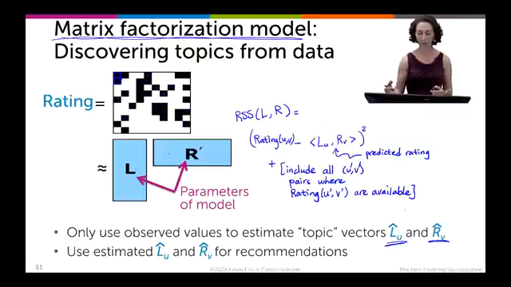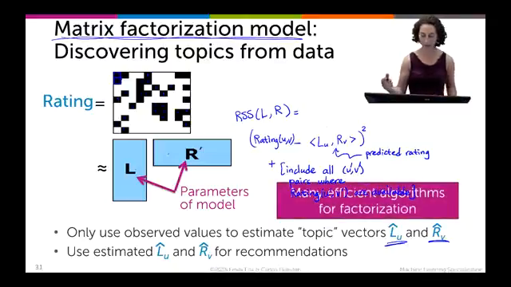And now I'll just say in words, this next animation is saying that there are a lot of very efficient algorithms for doing this factorization. And we're going to talk about them in great extent in the recommender systems or matrix factorization course later on. But then, okay, so very efficient algorithms for computing these estimates of L and R. How do I form my predictions?